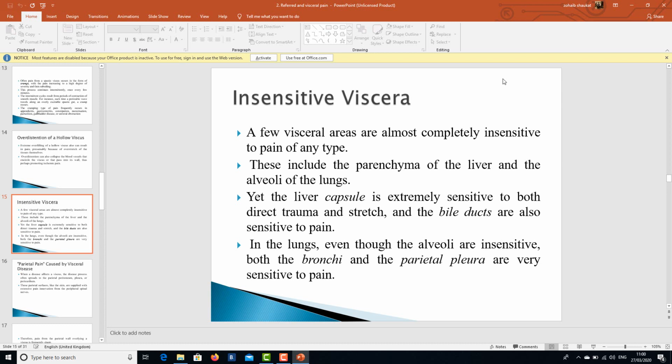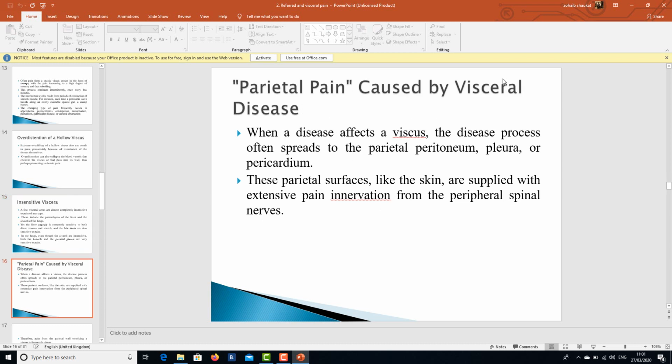In the lungs, the alveoli are insensitive, but the bronchi, the parietal pleura, they are very, very sensitive to pain. So if you are being asked that what are the viscera which are actually completely insensitive to this pain, they are actually the liver parenchyma and the alveoli of the lungs.